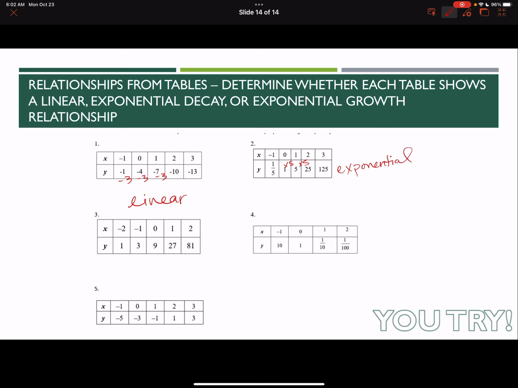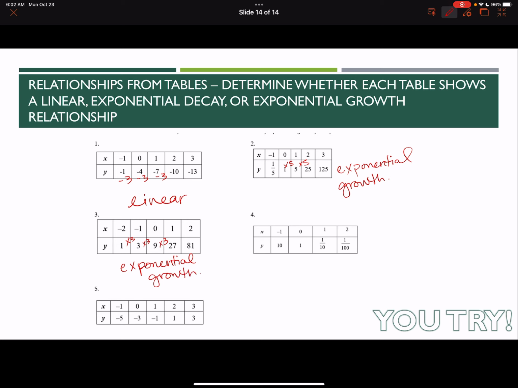So because we're multiplying, it's exponential, and these numbers are getting bigger. So it's exponential growth. All right, number 3, the pattern is multiplying by 3. The numbers are getting bigger. So exponential growth.